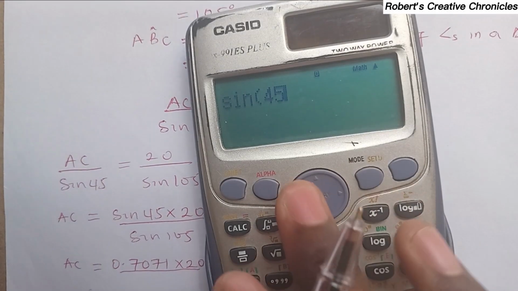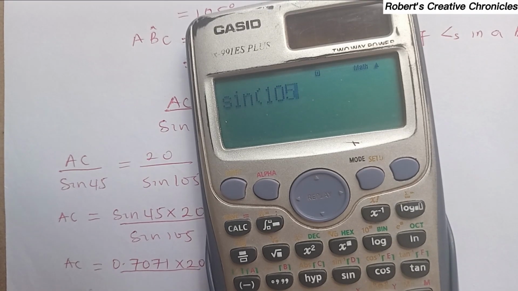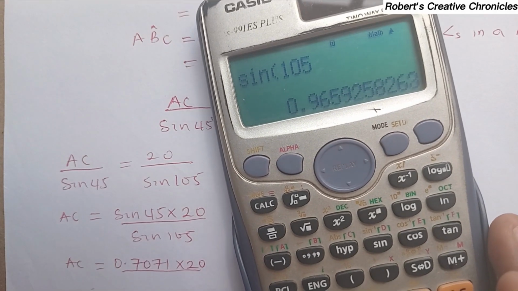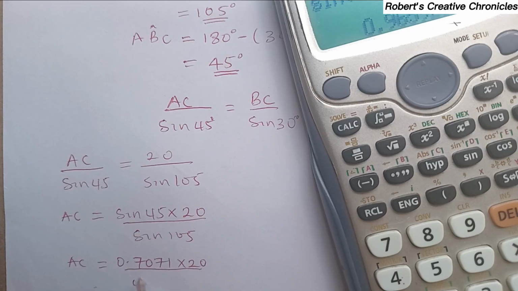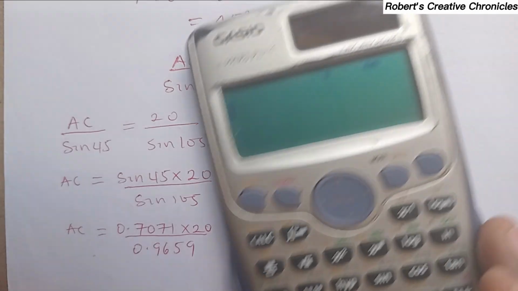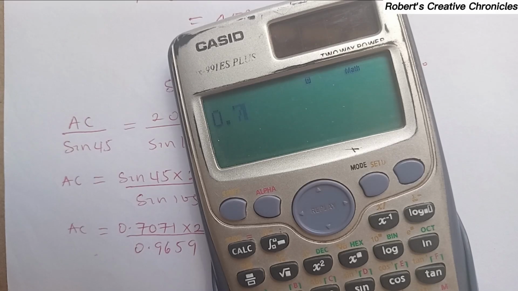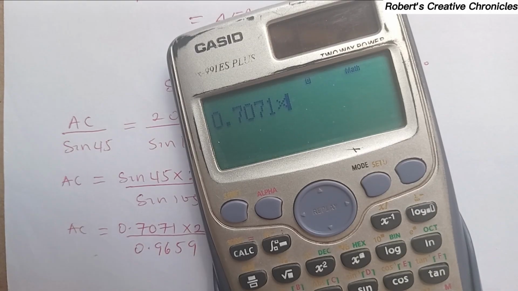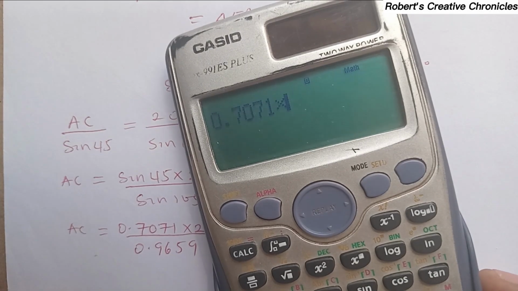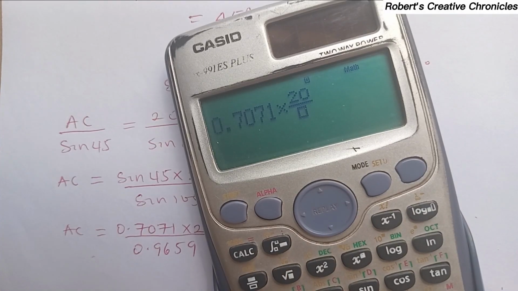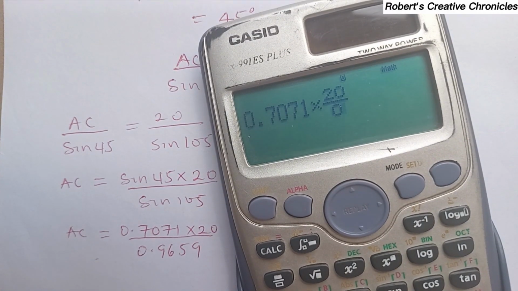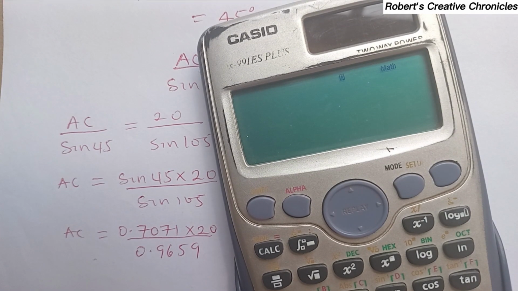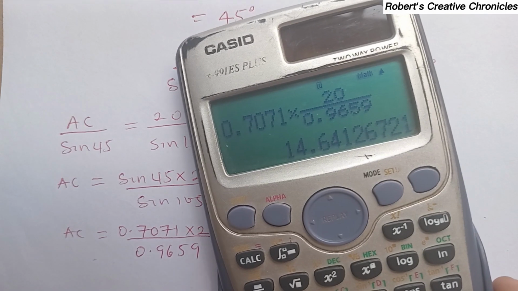What is sine 105? Sine 105 is 0.9659. So 0.7071 times 20 divided by 0.9659 is 14.64.